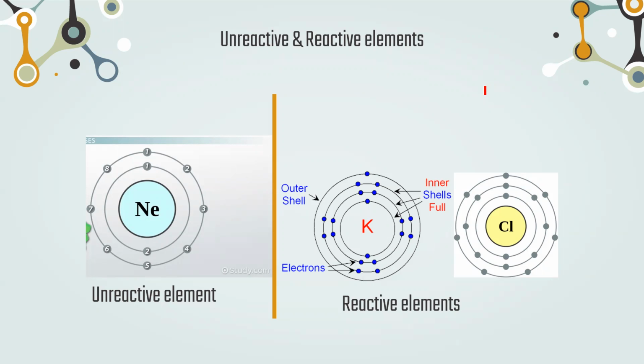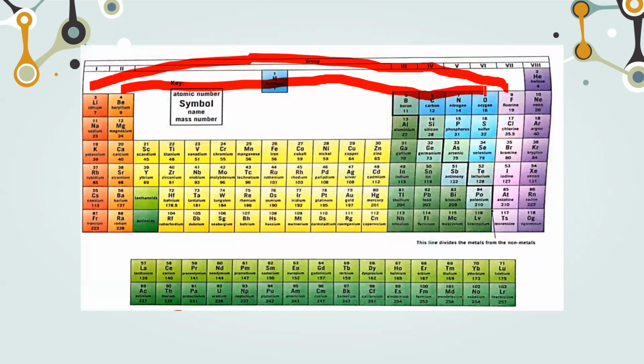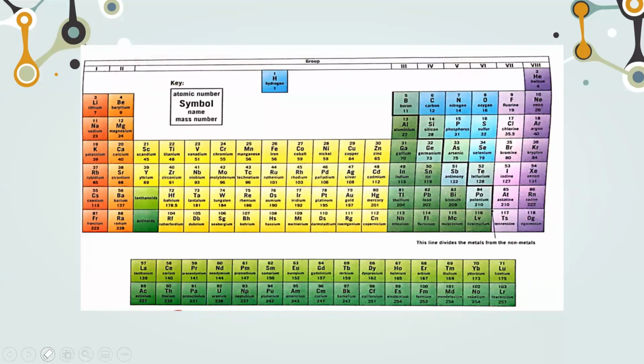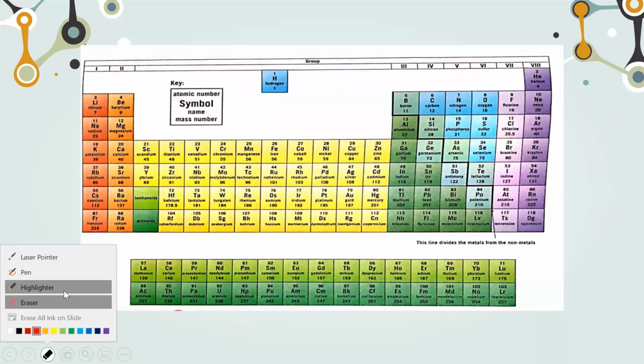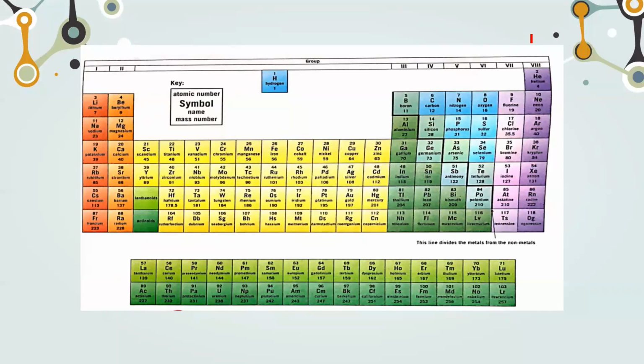But in the periodic table, some elements have outermost shells that are completed. Those elements belong to group 8, and they are not able to react with any other elements because they don't need to. Their outermost shells are completed, and that's why they are called noble gases.